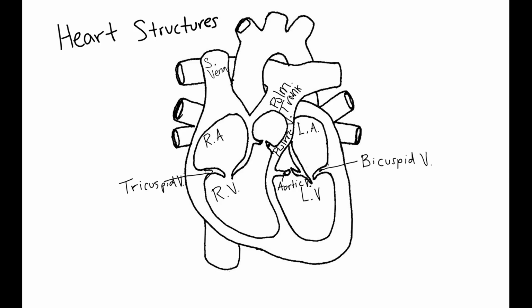This big kind of horseshoe or U-shaped vessel, this is your aortic arch or your aorta. Down here you have your inferior vena cava.